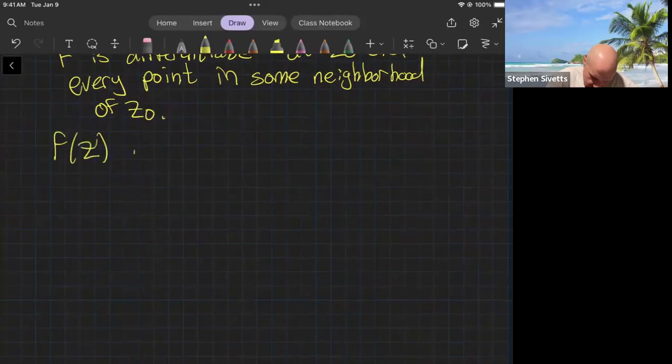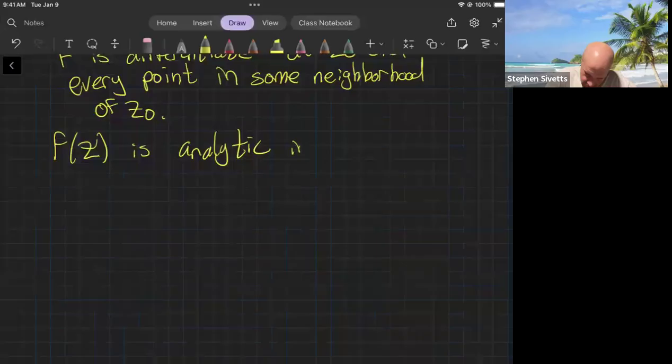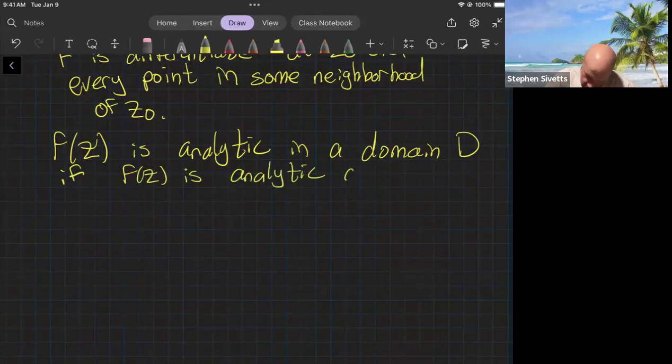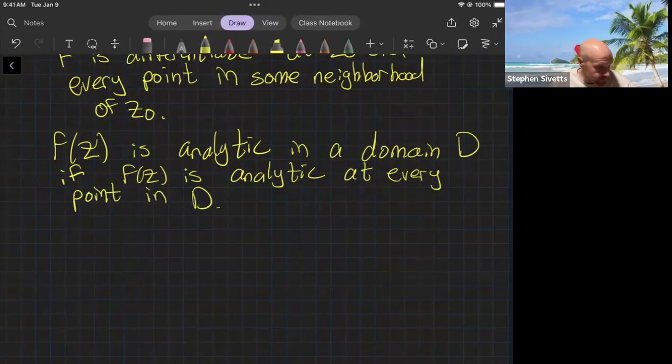f of z is analytic in a domain D if f of z is analytic at every point in D. They also call this holomorphic.